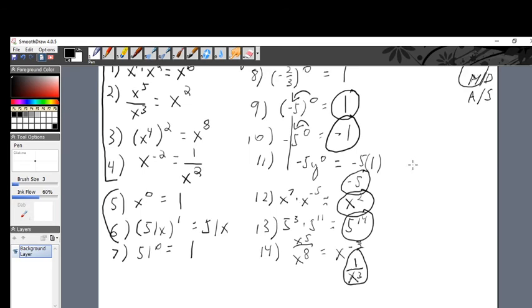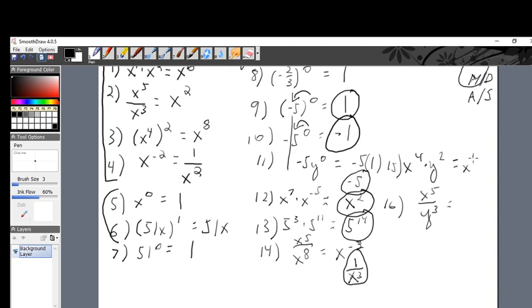Let me ask you this question. What if you have x to the 4 times y to the second? Let me give it a name, number 15. And what if you have x to the 5 over y to the 3? Those are the two questions. Well, if they're not the same base, they don't match, then you have nowhere to go.